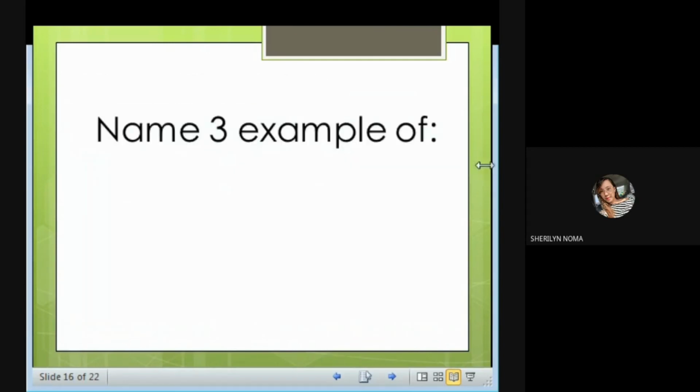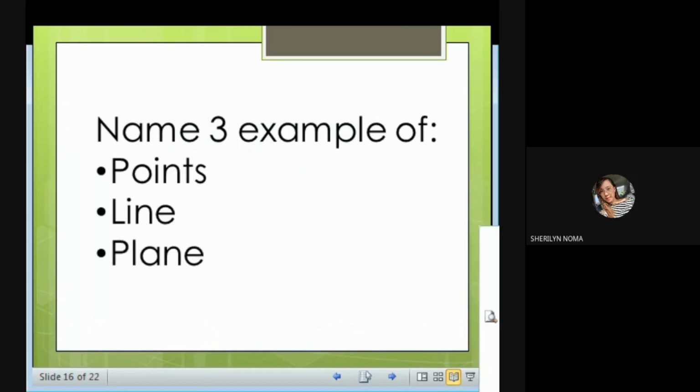Now, let us name three examples of the following: point, line, and plane. For the points, some of the examples are tip of the needle, tip of a pen, corner of the table, mole, pimple, and many more.